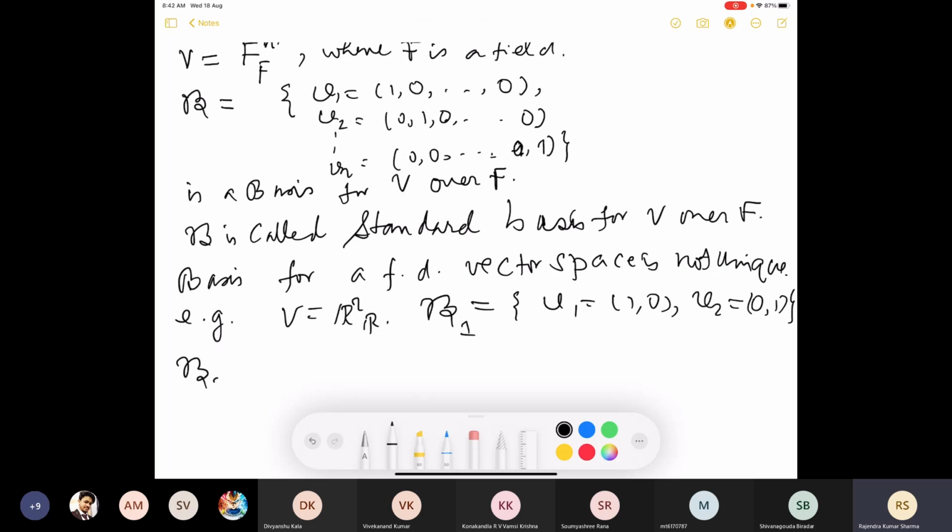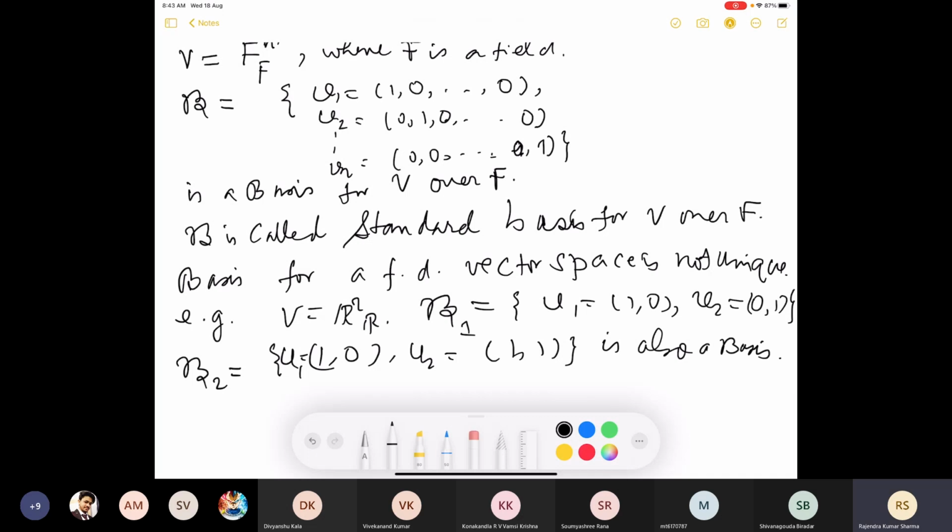And you can also take U1 as (1, 0) and U2 as (1, 1), which is also a basis.